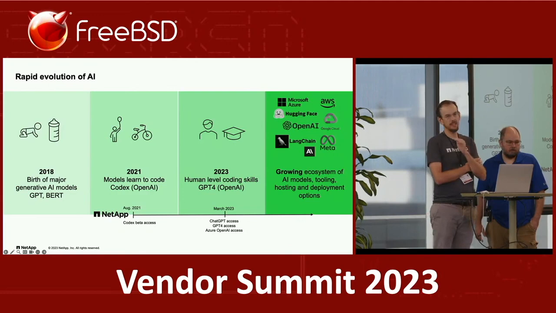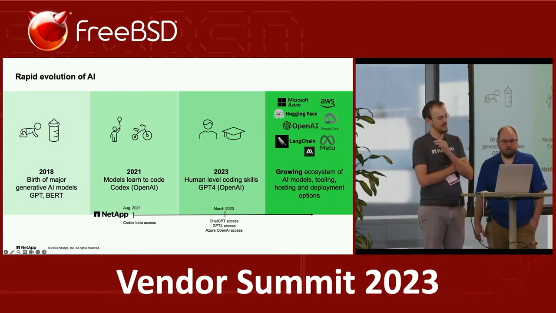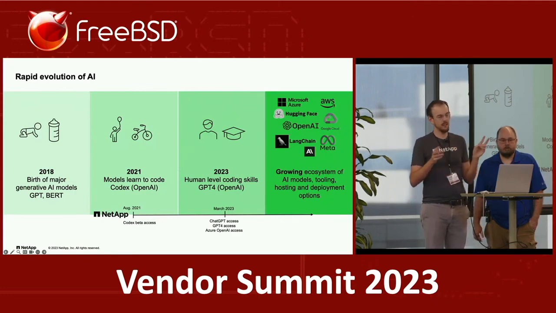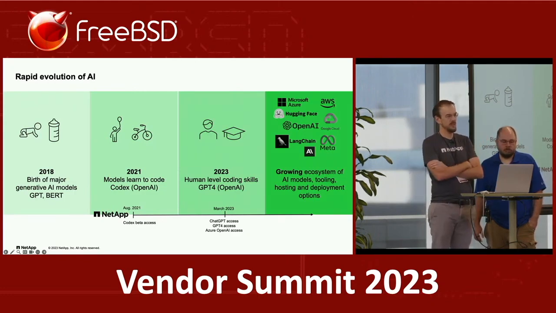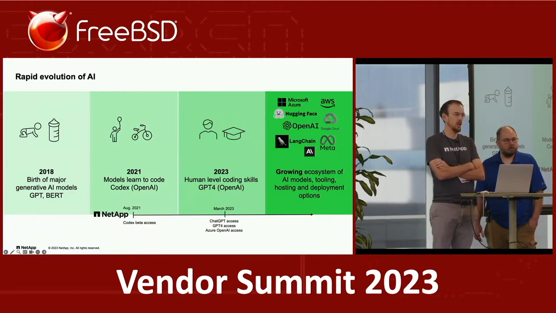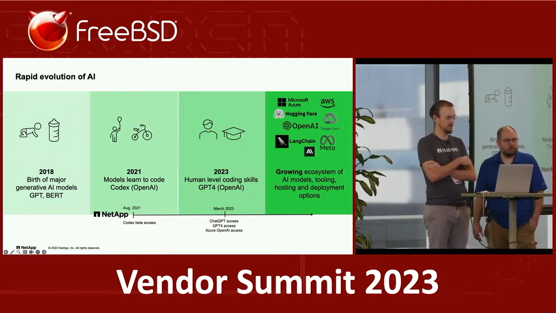Then in 2023, GPT-4 came out. GPT-4 is a big deal because it's the first, they call it human level. I'll get to what that means in a minute, but they call that human level coding skills. In March 2023, it was a very busy month for us.